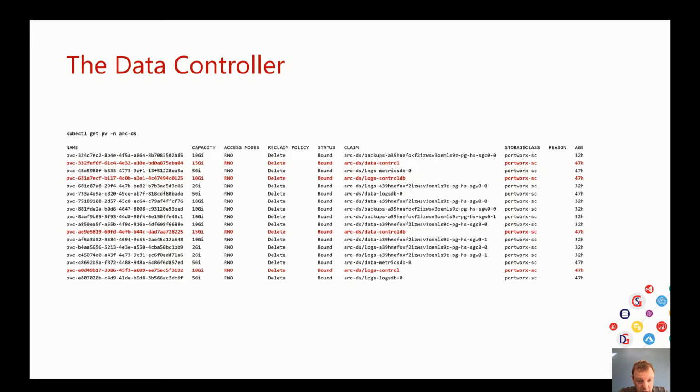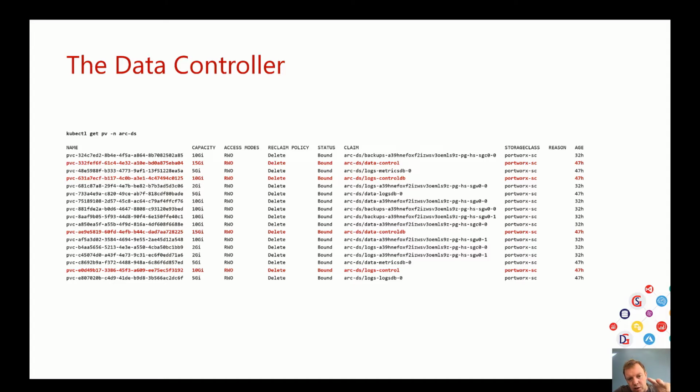So you need to test this. And if by downing a worker node, your data controller pods can't be rescheduled to run elsewhere because the state cannot follow those pods, you need to make provision for a storage plugin which caters for this.